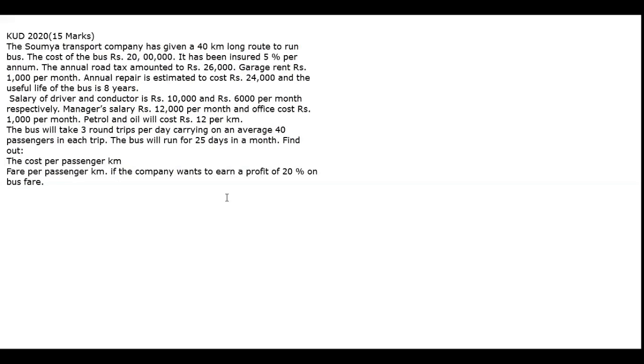First, calculate total passenger kilometer; next, prepare the operating cost sheet and calculate total operating cost; and finally, apply the formula and calculate cost per kilometer. So first we'll see how to calculate passenger kilometer.